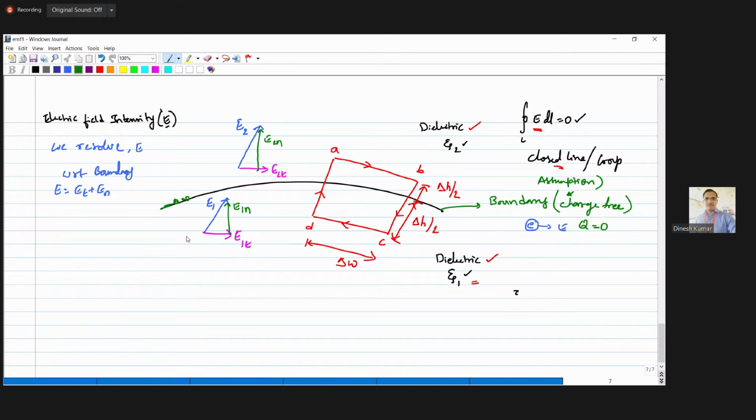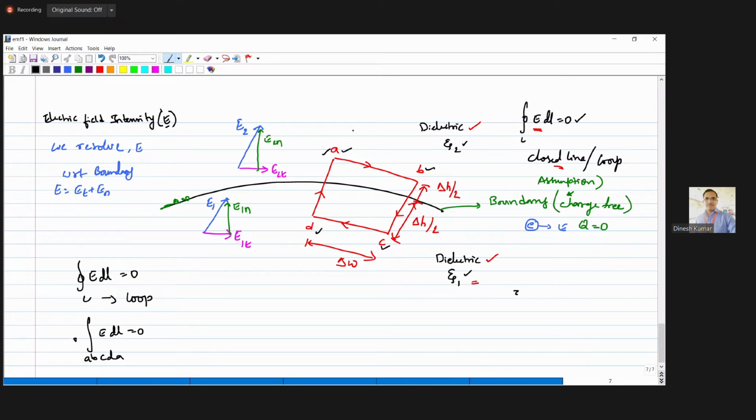Now I'm going with the application of this equation: the closed line integral of E dot dl equals 0. The closed line is nothing but the loop. What is our loop? The loop is the closed line A, B, C, D, A. Starting from A, moving towards B, next C, next D, and again closing at A. So the integral over ABCDA of E dot dl is equal to 0.